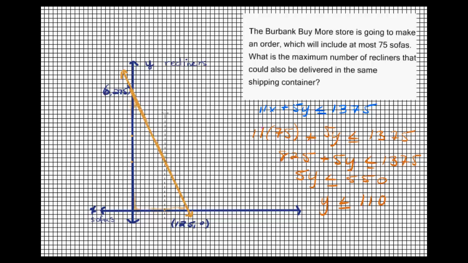So we're going to draw our vertical line here, and then a horizontal line at 110. Let's see here, so 10, 20. So that's going to be right in here. This is what the graph is going to look like, and it's going to cover this shaded area in here.